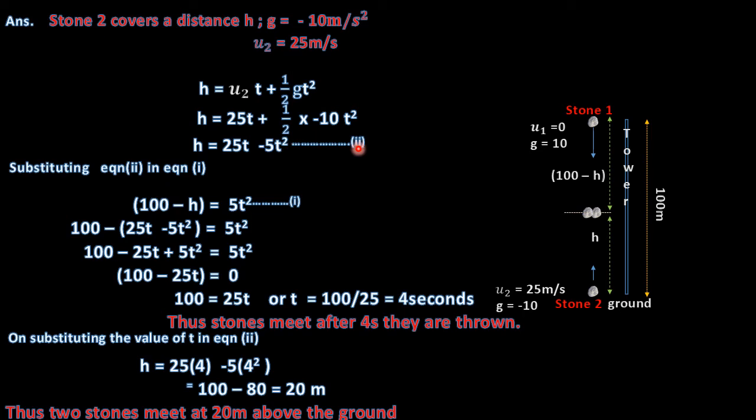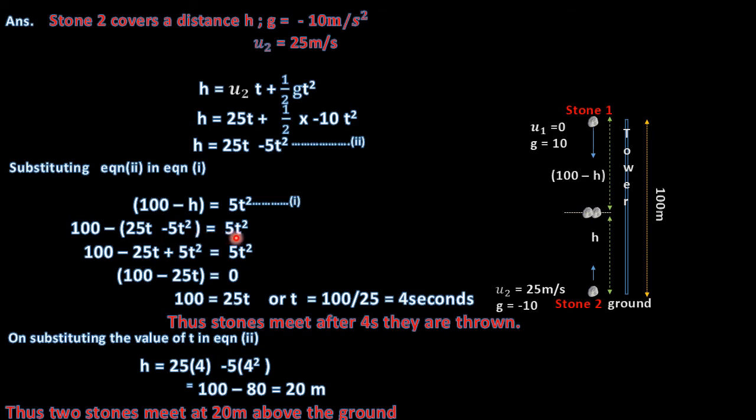Now we are going to substitute equation 2 in equation 1 so that we get the value of t. Which is our equation 1? 100 minus h is equal to 5t square. This is our equation 1. So here in the place of h, we are going to put the value for h that we got in equation 2. So 100 minus (25t minus 5t square) in brackets is equal to 5t square.